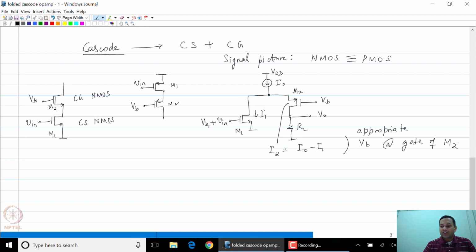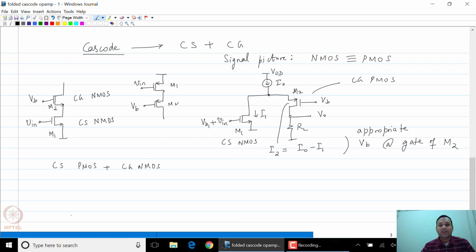And the 4th structure is the PMOS common source followed by the NMOS common gate structure. So this is the common source NMOS, common gate PMOS, and you can also build a cascode structure with a common source PMOS transistor plus the common gate NMOS. This is the 4th version. I will leave it as a homework exercise.